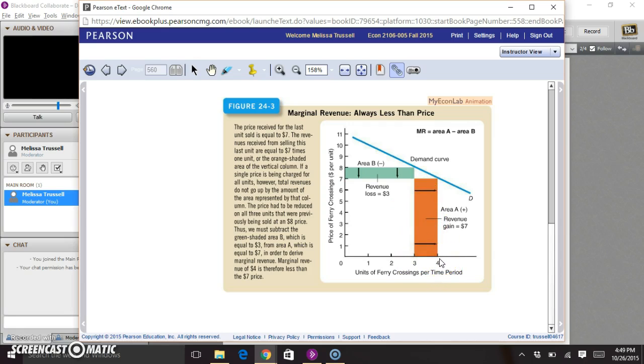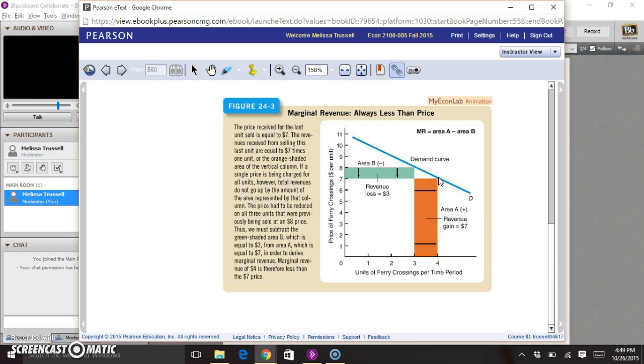So our overall total gain is that $7 minus the $3. Our total gain is the $4. And that's how much actual extra we make by taking a 4th trip than we would have made by just taking 3 trips. So our marginal revenue for that 4th trip is $4, which, of course, is less than 7, which was our price on the demand curve.